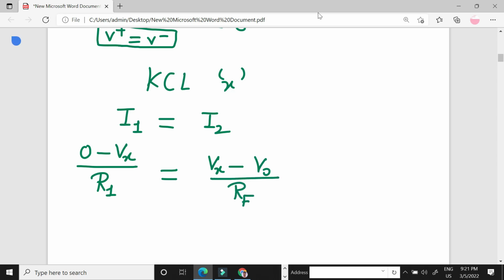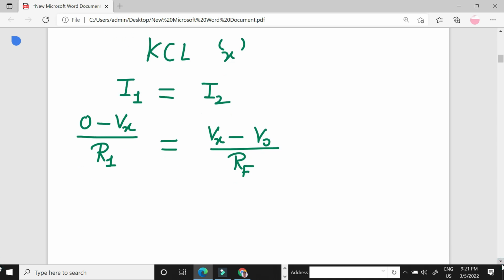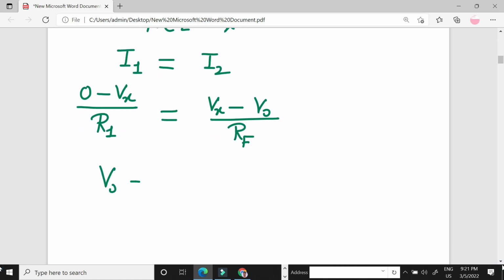So after solving, we get V naught upon V in is equal to 1 plus Rf upon R1.